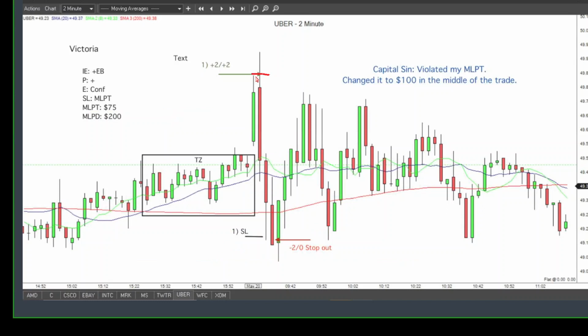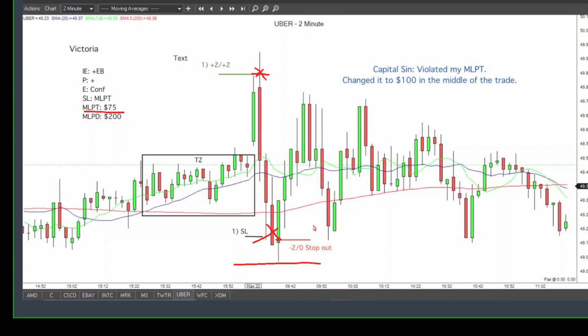Because you don't know how far back this is going to go. You enter right here with 1 lot with the intention to add when you get something that gives you some confidence. All it does is fall out of bed. You're very close to your max loss per trade here. Although if you're starting with 75, you still would have stopped out, right?